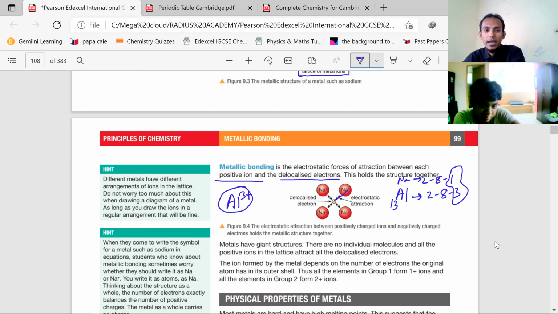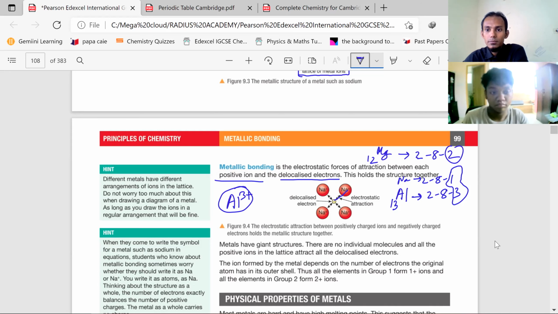So the electrostatic force of attraction in aluminum metal will be much stronger than sodium. And if you see magnesium, it is 12, so it is 2,8,2. So the number of delocalized electrons per atom is 2, and the charge on the metal ion will be magnesium 2 plus. Is it clear, everyone? Yes, sir.